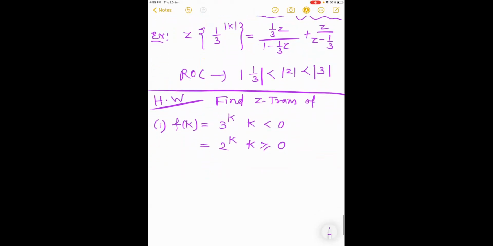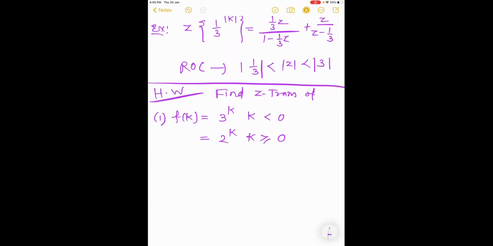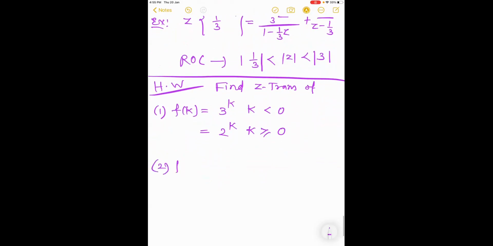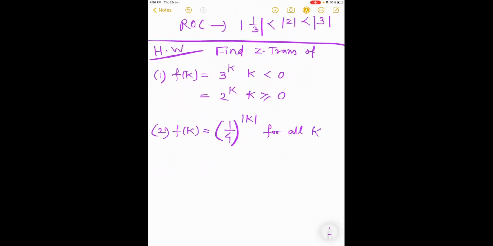Already we have done both. You just, the numbers are defined for a, and you should get the answer. Second, if f(k) is equal to 1 upon 4^|k| for all k, find its Z transform.